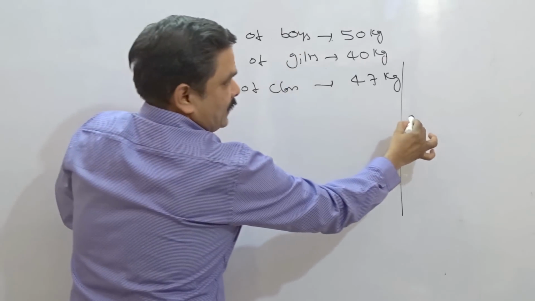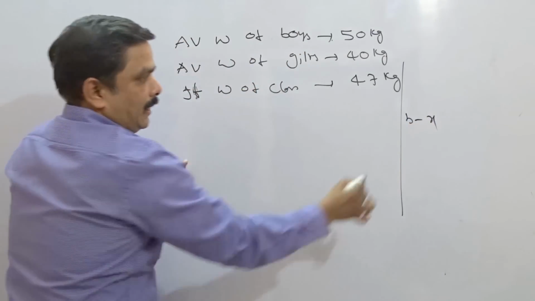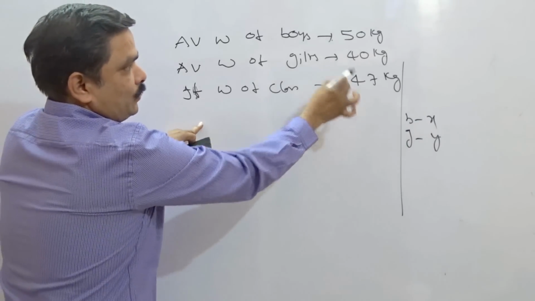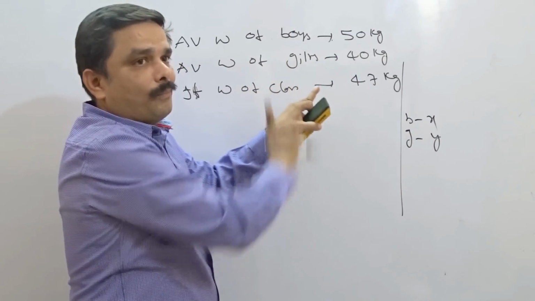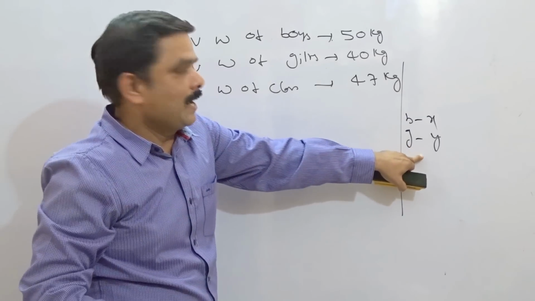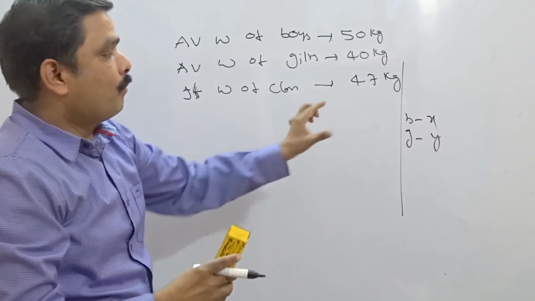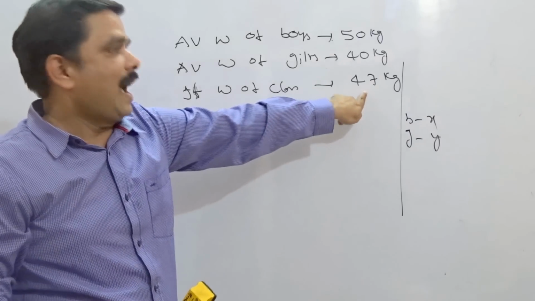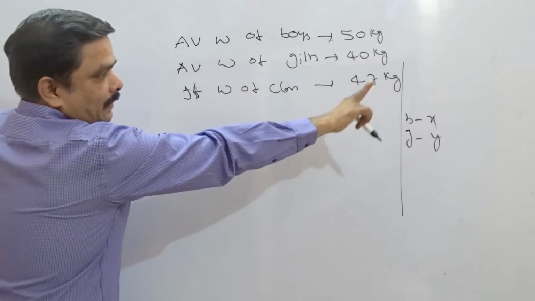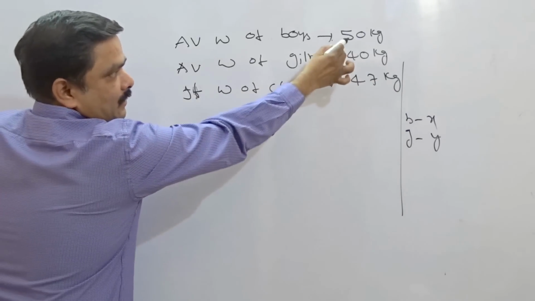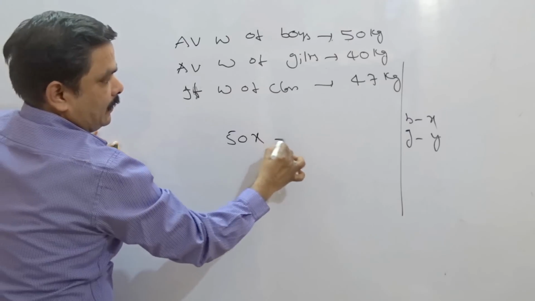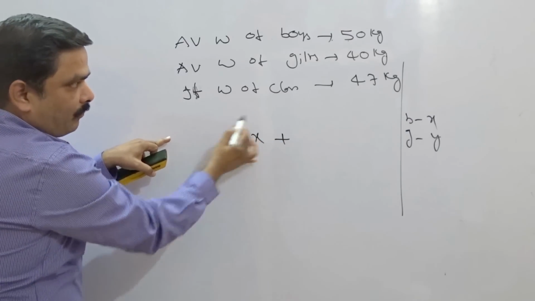Take the number of boys as x, the number of girls as y. Now the total weight of boys plus the total weight of girls, divided by the number of boys and girls, will give you the average. So the number of boys is x, and this is 50 kgs, so it is 50 into x, which gives the total weight of boys.